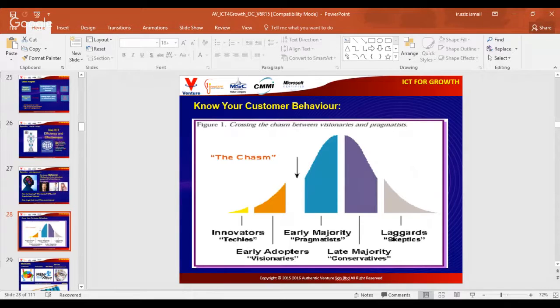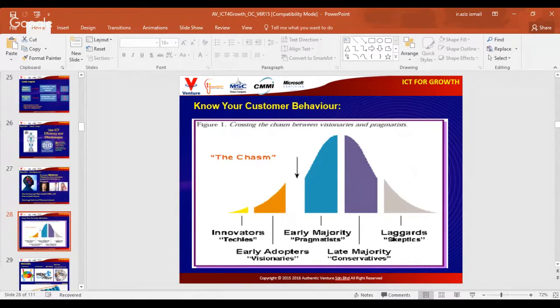Early majority is the type of people that will say, oh, how good is the product? Are you the leader in this? Have people used your product? What is their experience using your product? That kind of thing. So the marketing has to change from, for example, trying to focus on your technology.